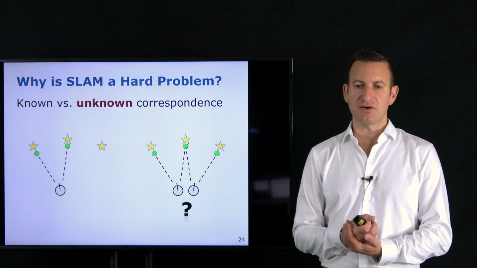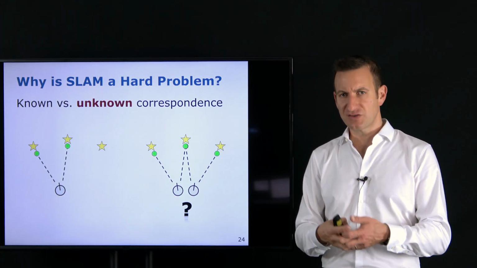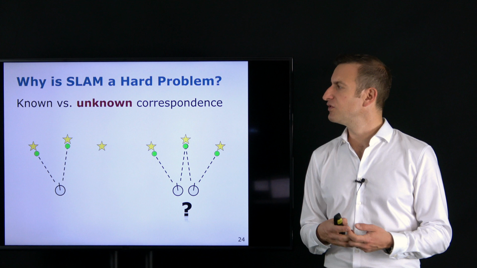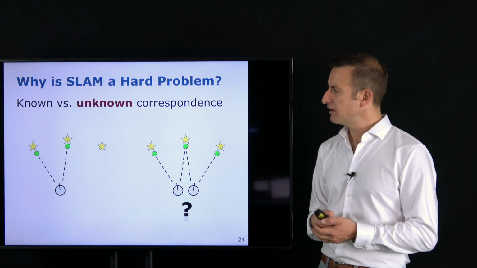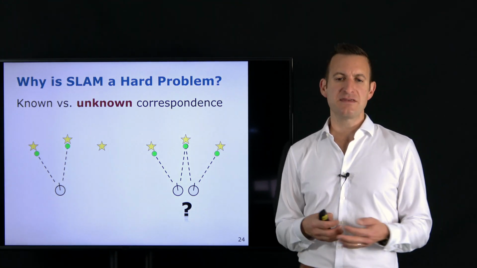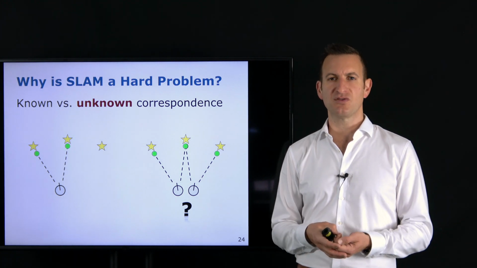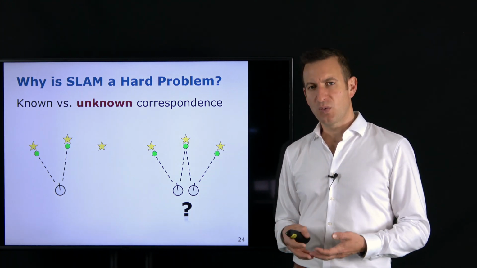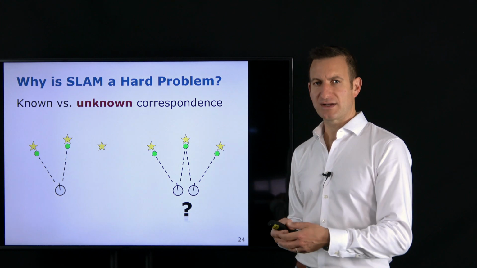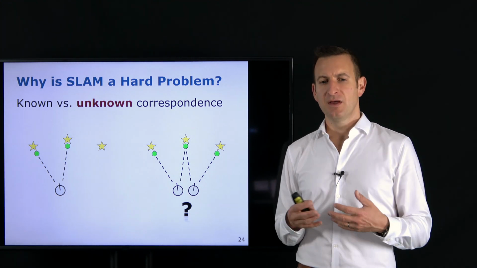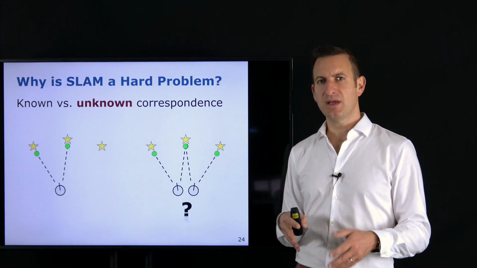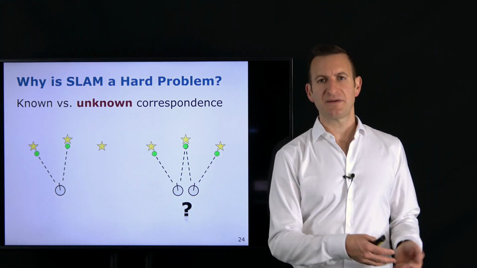What makes SLAM also very tricky is not necessarily the underlying state estimation problem, for which we have tools, but one of the key factors is the so-called unknown data association, or unknown correspondences. That means quite often we have a pretty good estimate of what we are actually seeing, but not all the time. Data association is a link between what we see in our observations and what we have stored in our map.